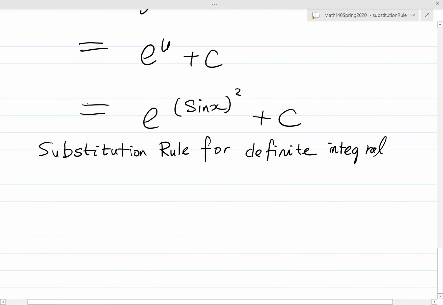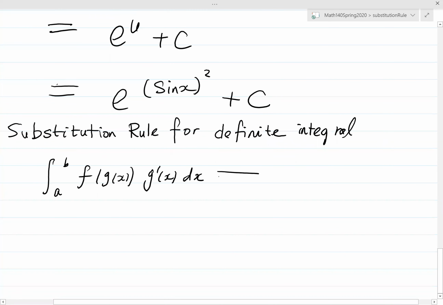Here is the integral from a to b of f of g of x times g prime of x dx. When we use the substitution rule, for instance, we let u be g of x. Then we substitute g of x by u, and g prime of x dx by du.